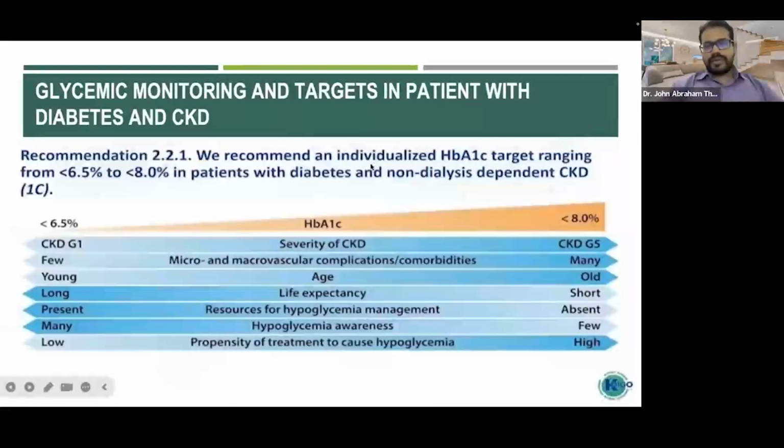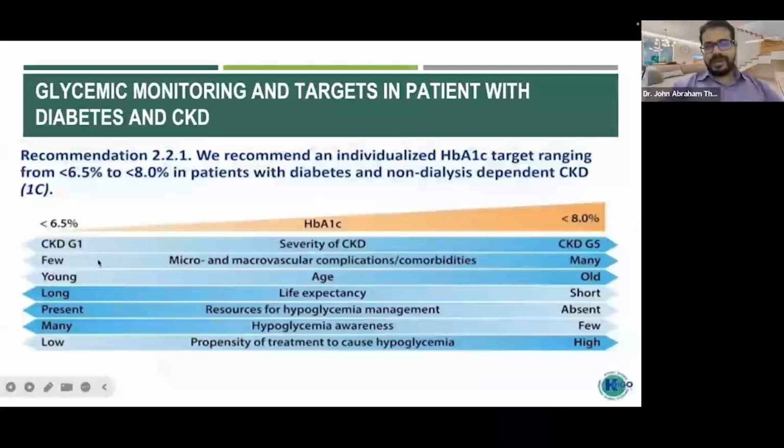And what is the difference of HbA1c target in a patient with diabetes and kidney disease? An HbA1c of less than 6.5 does not hold good for a CKD stage G5, whereas in a patient with glomerular stage 1, an HbA1c of less than 6.5 will hold good.